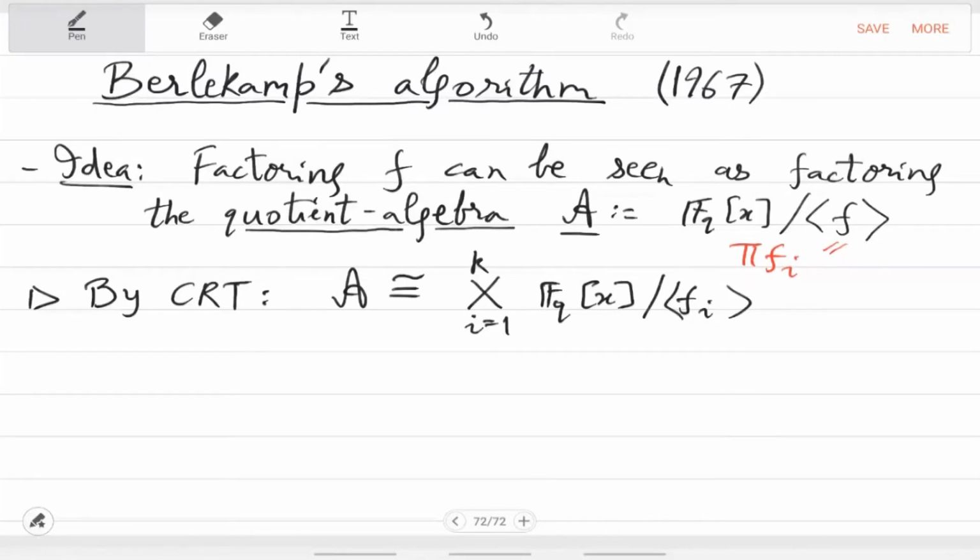And what can you say about this quotient algebra F_q[x] mod f_i? Yes, f_i is irreducible, so this is a field. And what type of a field? It's again a finite field.